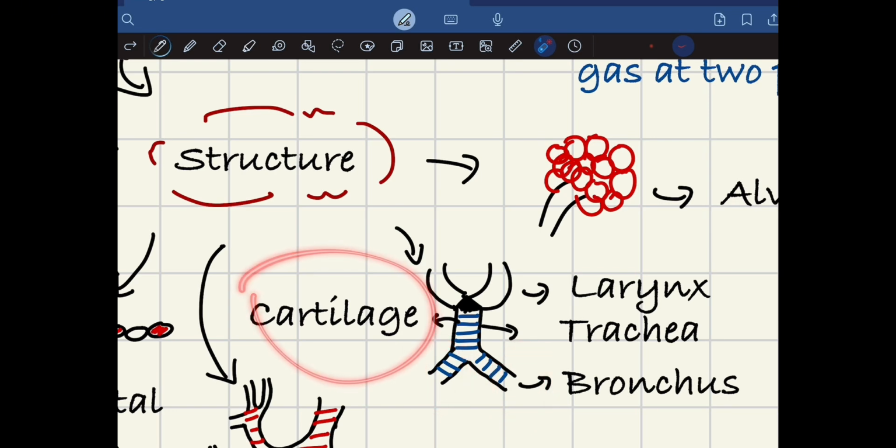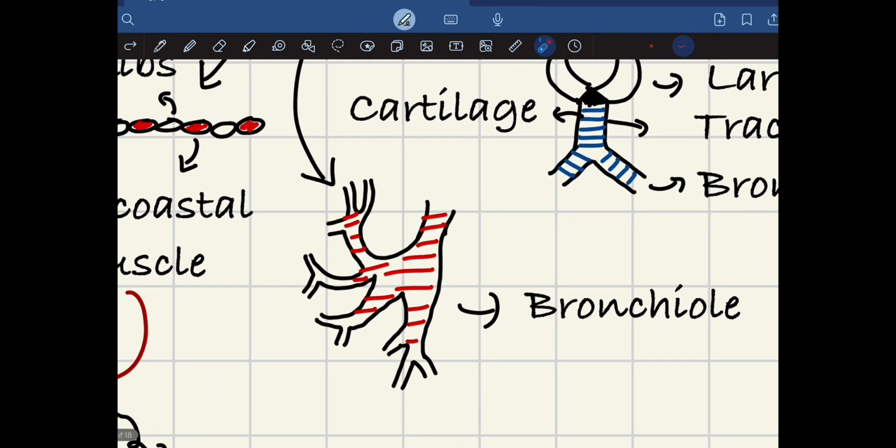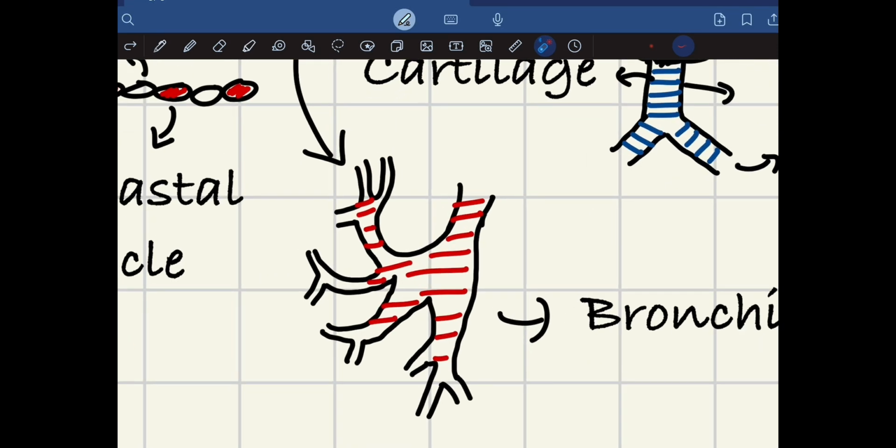Over here you have cartilage. Cartilage has a very specific function, which I will be going through later. Next you have a bronchiole. This bronchiole connects you to an alveoli, so you will have an alveoli over here for gas exchange to occur, and you'll have oxygen or carbon dioxide.